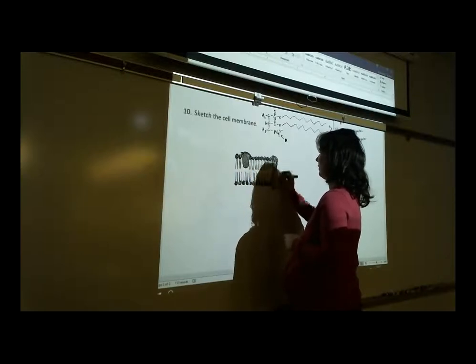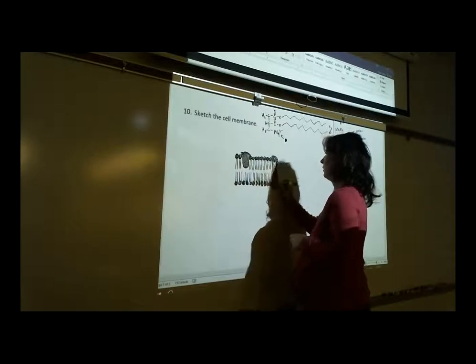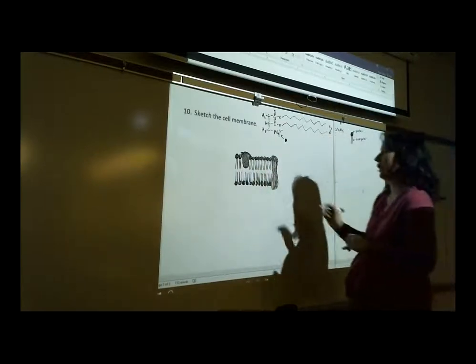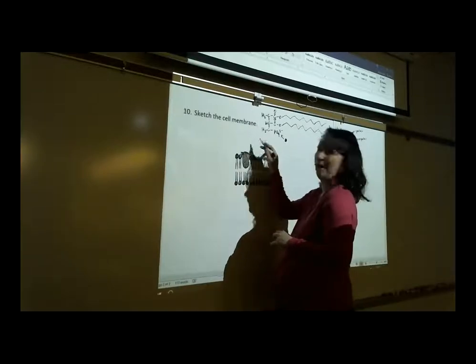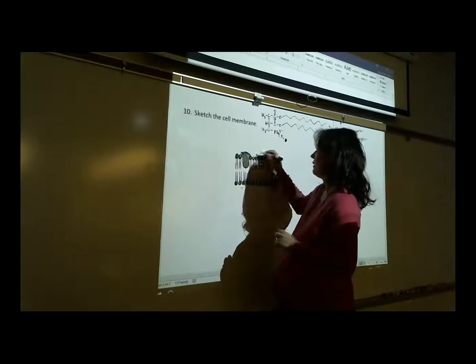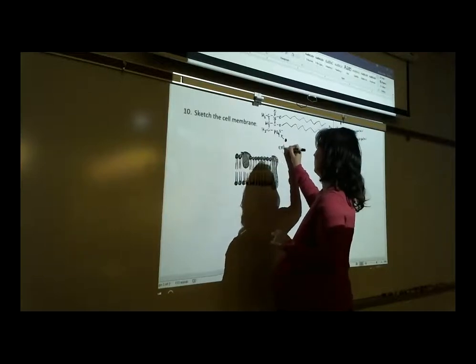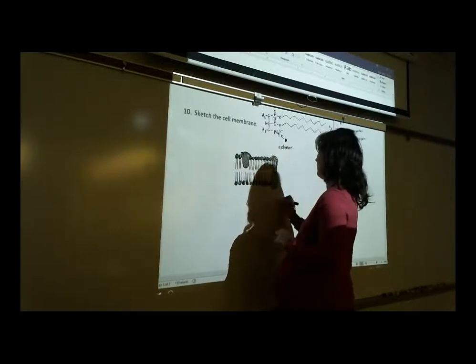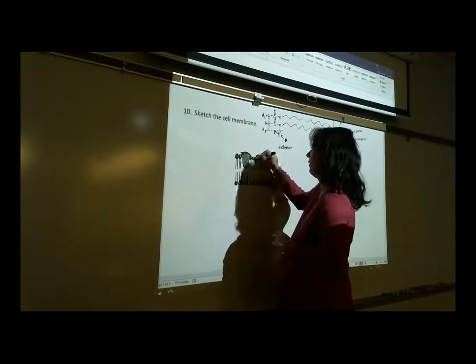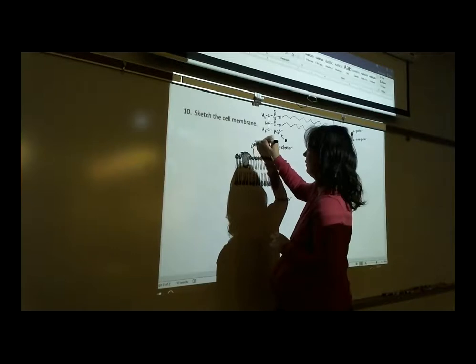And is that it? We have cholesterol through all of it too. So you can have some things dissolved in here. What about sticking out? Is there anything sticking out? Yes. If this is the exterior, and this is the interior, just for fun, you could have cholesterol sticking out.